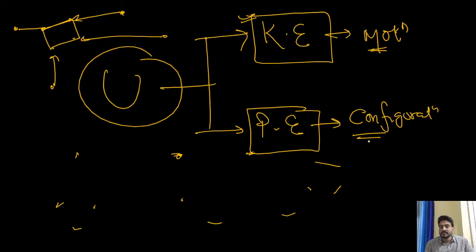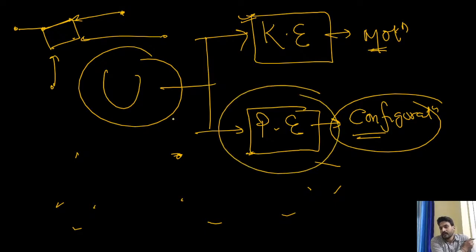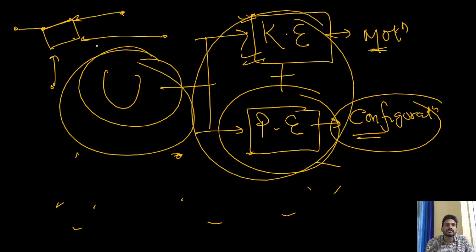Means I just change the configuration of a system. So basically you can say store some potential energy into it. And if the gas molecules are there, due to their random motion, due to their vibrational motion, some kinetic energy is there. Addition of these two energies is basically your internal energy of the system.